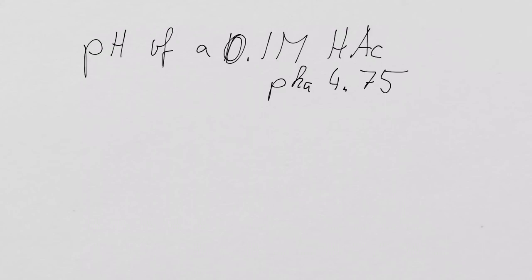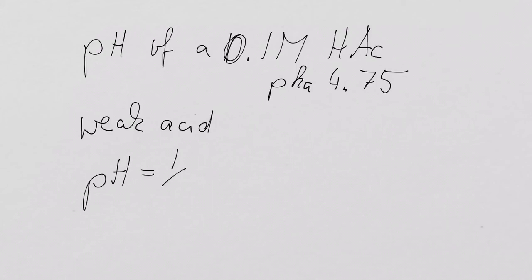It's a weak acid. So we need to use the equation for a weak acid. And in the lecture, I gave you this equation for that. pH equals half of pKa minus log of the acid.